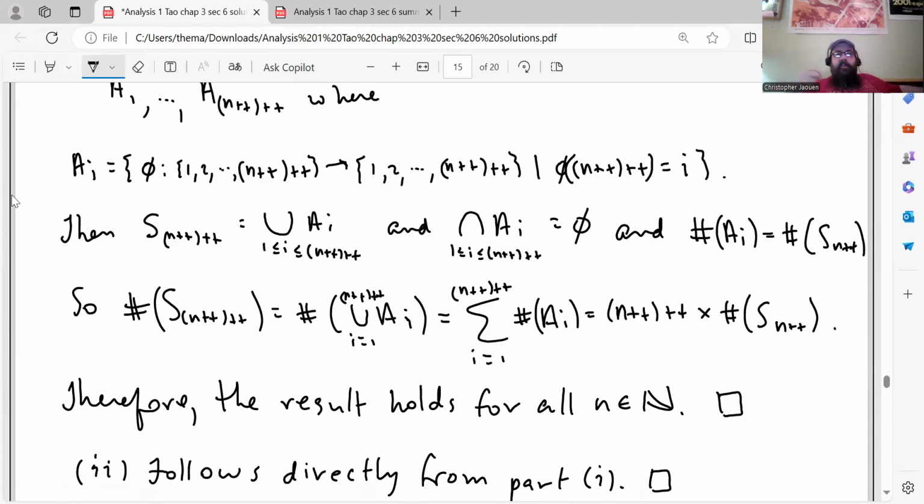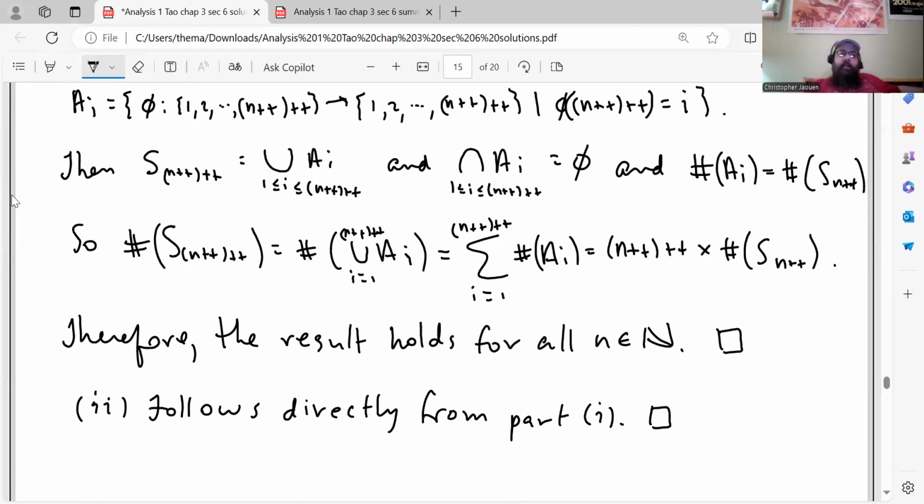Since there's the successor of n of those, and they each have cardinality S sub the successor of n, you get the result. So this property holds for all natural numbers n, and that proves part A.